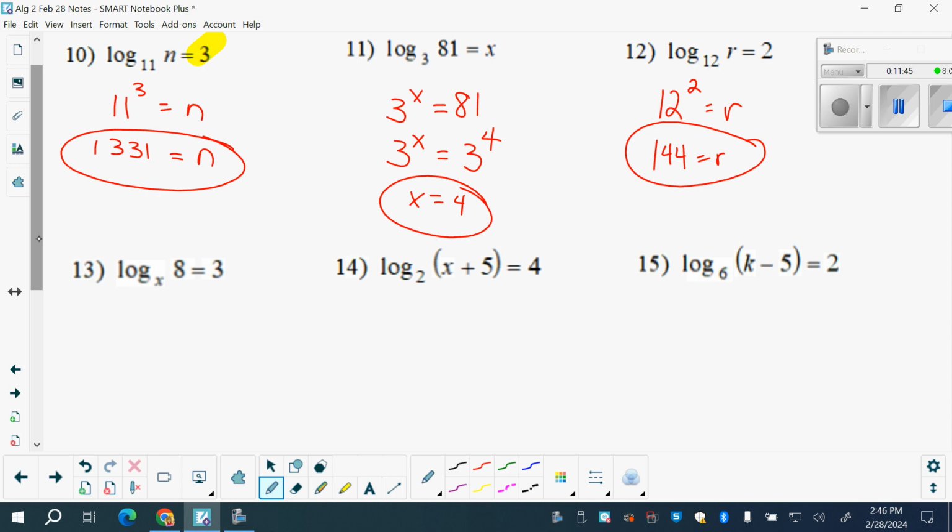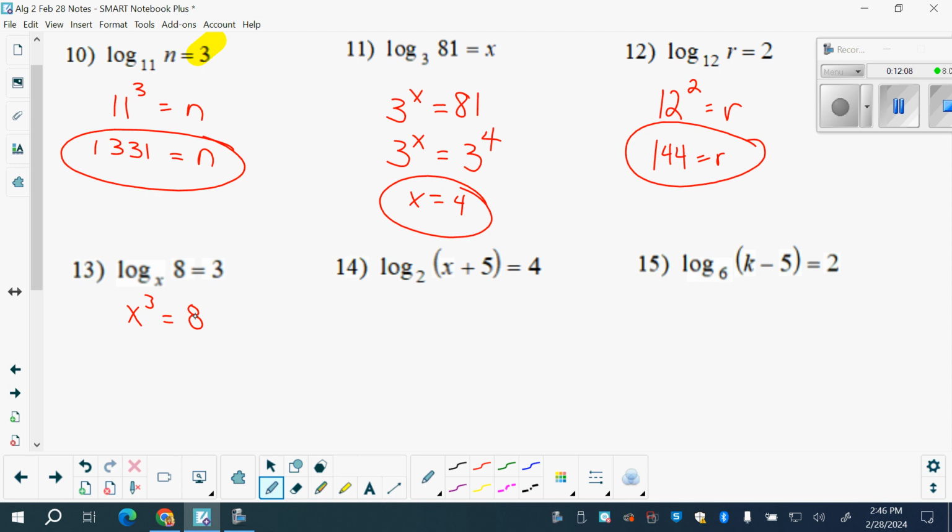So how do we set this one up? X to the 3rd equals 8. This one's a little harder because we need to get our bases the same normally, but we don't have a base there. We don't know what that base is.